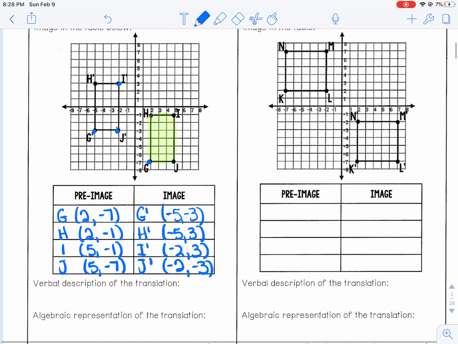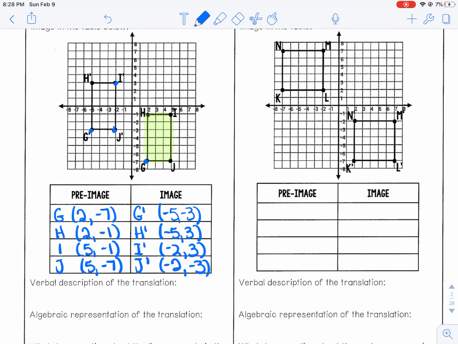Okay, so looking at that, we need to kind of write a verbal description of what exactly occurred. So we need to start with the left right first. So in order to go from G to G prime, we went to the left 7 units. So 7 units left.